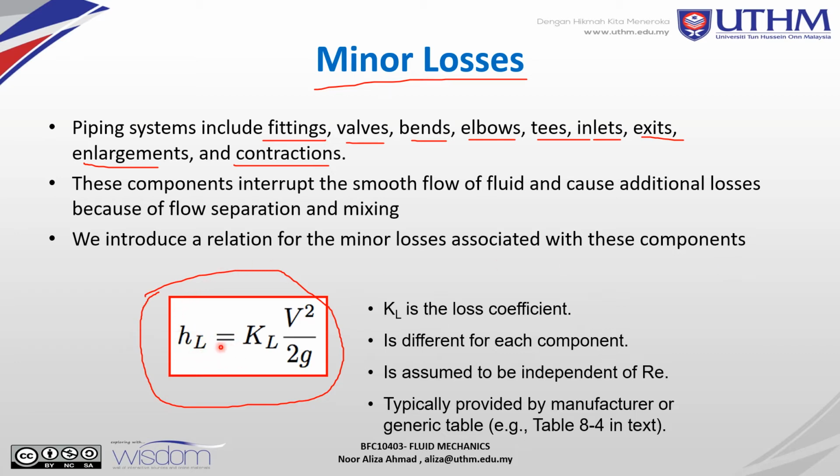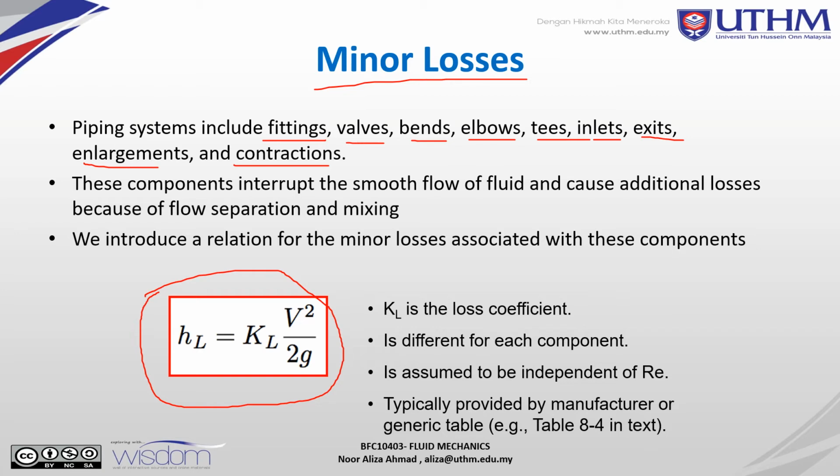HL is equal to KL times V squared over 2g. HL is the minor losses for the fittings, valves, bends, elbows, tees, inlets, exits, enlargement, and contraction. So we use this equation for minor losses.